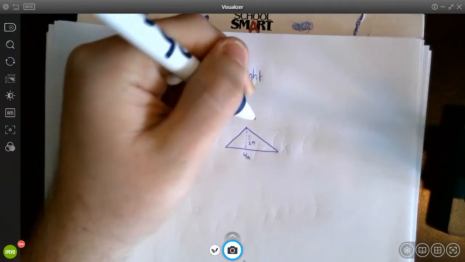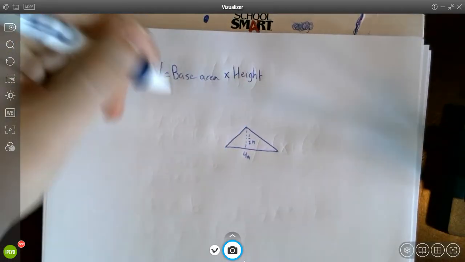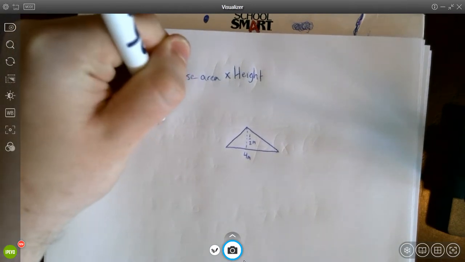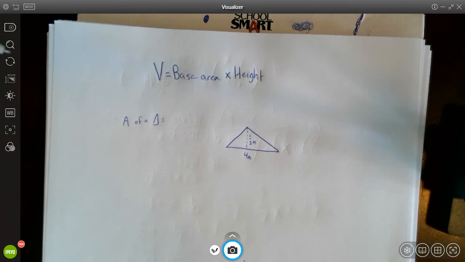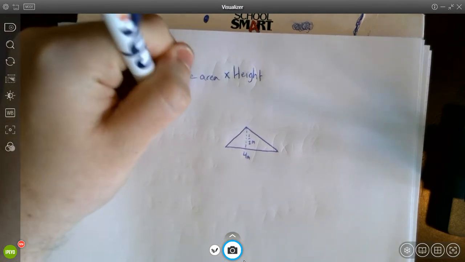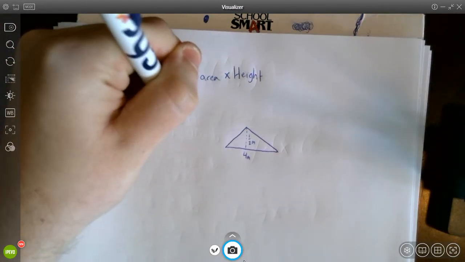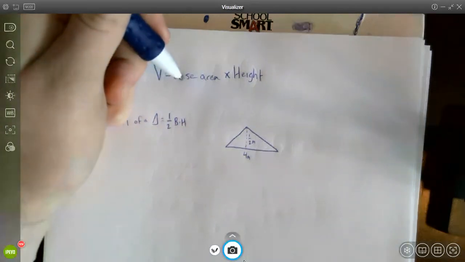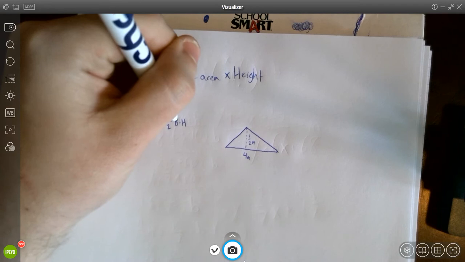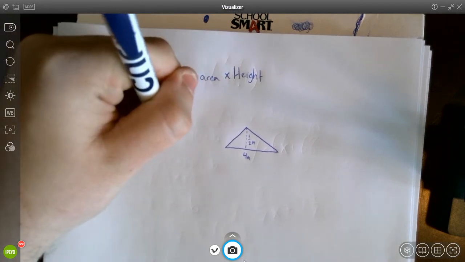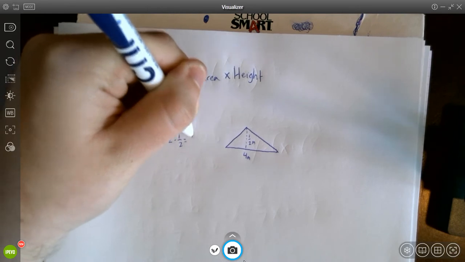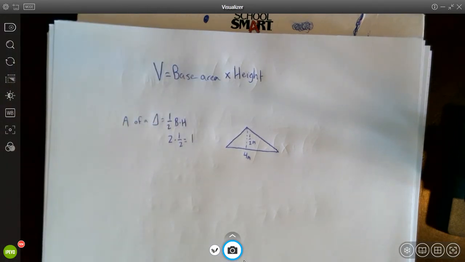So if we have that triangle there, we can definitely find the area of it, because the formula for the area of a triangle is 1/2 base times height, or base times height divided by 2. Well, half of our base, half of 4, is 2 times our height, which is a half. The area of that triangle is actually 1.